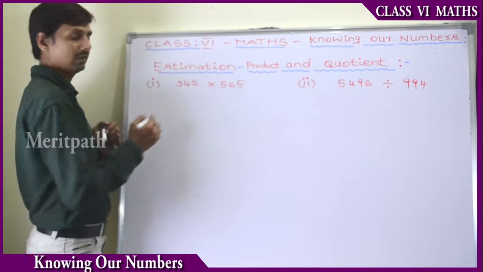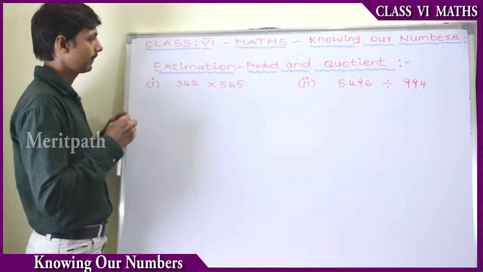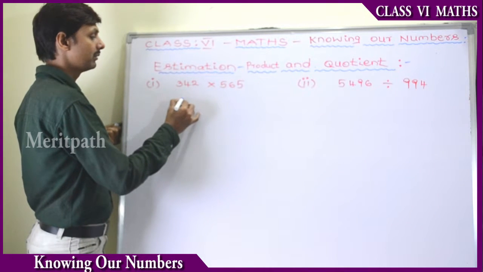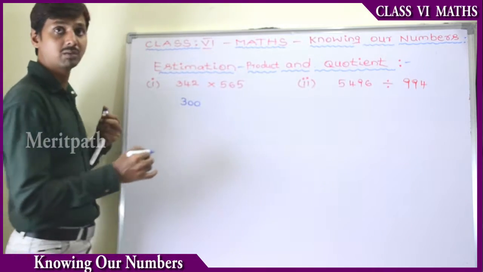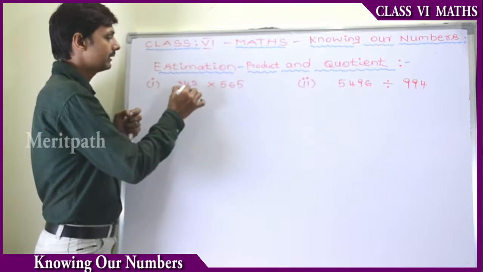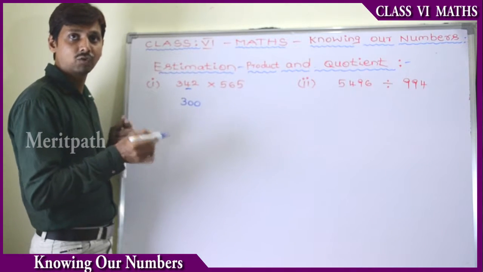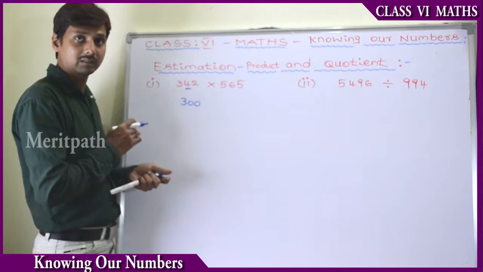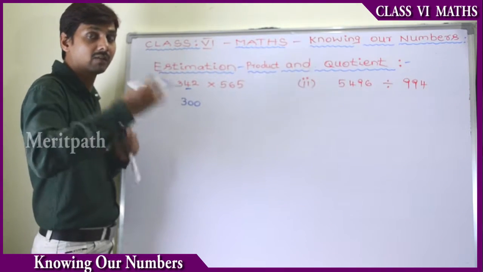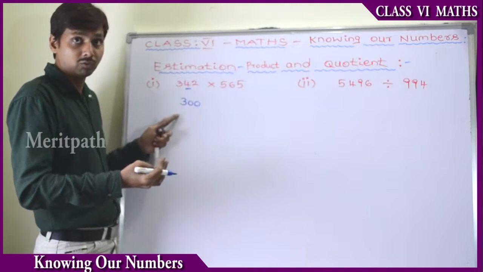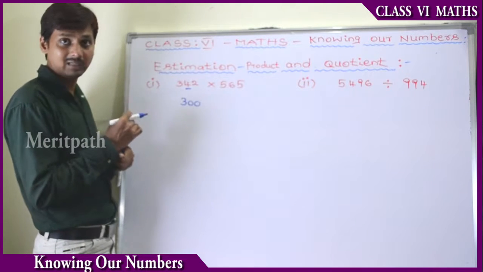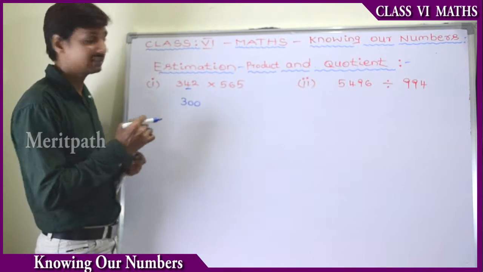We'll round 342 to the hundreds and it becomes 300, because 4 is nearest to 300. If the digit is 5 or after 5, then we go to 400, or if it is 4 or below 4, then we take 300. That concept we have learned in the previous class.